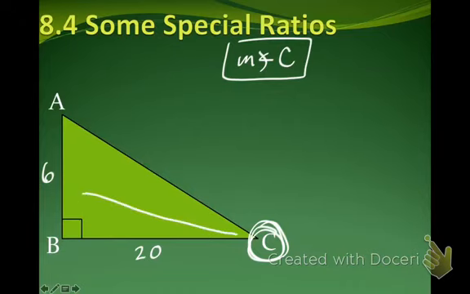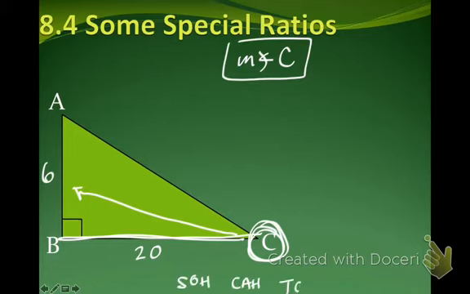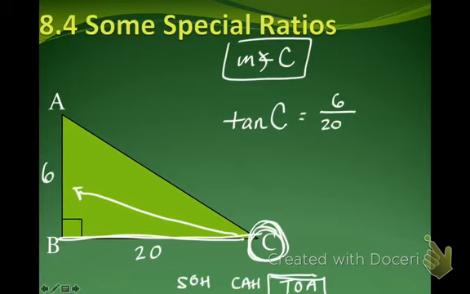I have my opposite side and I have my adjacent side. So I think back to SOHCAHTOA, and I know I have opposite and I have adjacent, so I've got to use TOA. So the tangent of C equals opposite, which is 6, over adjacent, which is 20. I could simplify that, and I would find that the tangent of C equals 3 over 10.